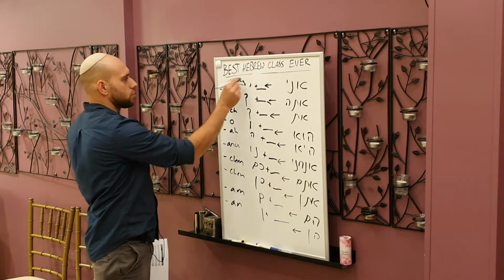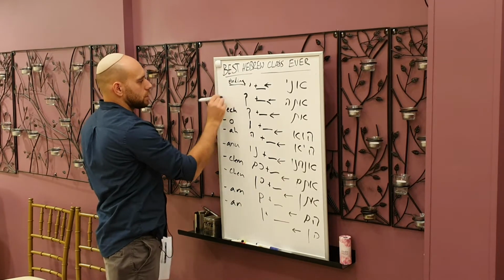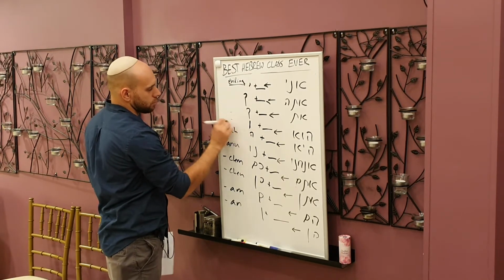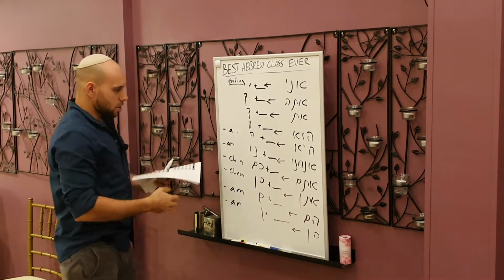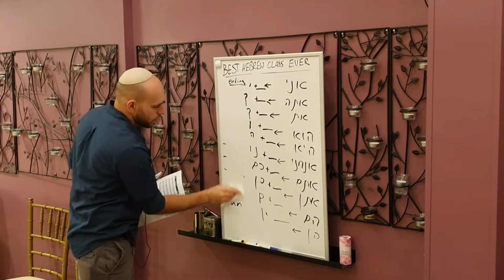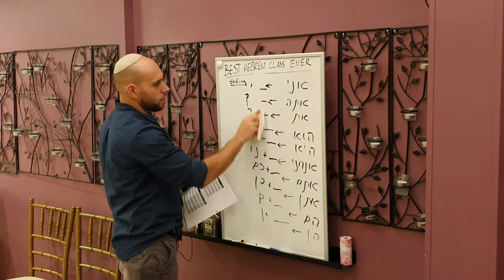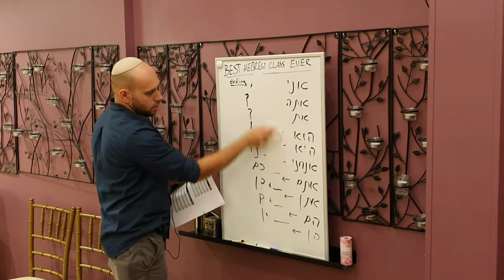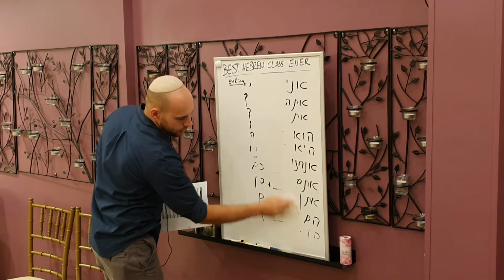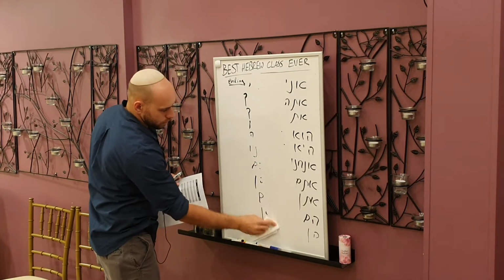So here's how we use it. I'm going to erase this, which is just the pronunciation. We're going to fill in the blank here with the ending, so that we see how it works.